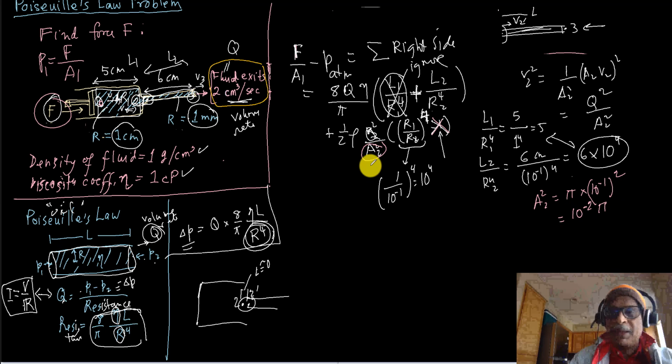And let's write all the numbers down. Q was just 2.